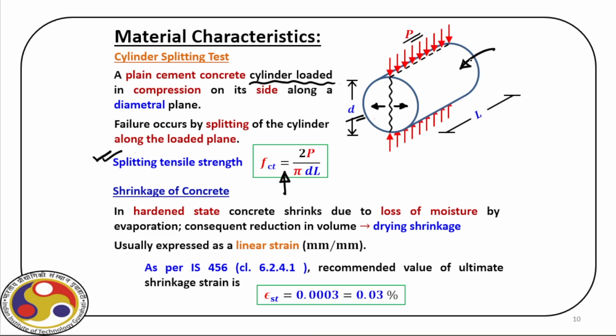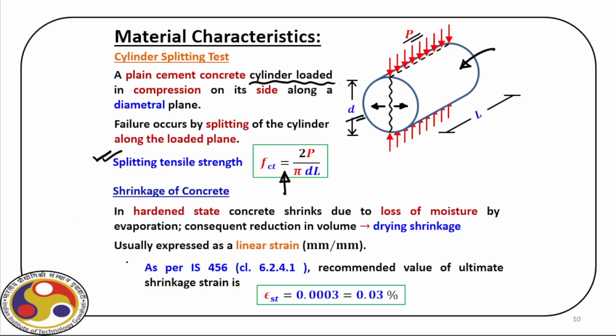Now beyond these values, there are two most important properties of concrete. The first one is shrinkage and another one is creep. That also we discussed in the last class. What is shrinkage? If you can recall, it is the change in volume due to loss of moisture. That's what is called shrinkage.